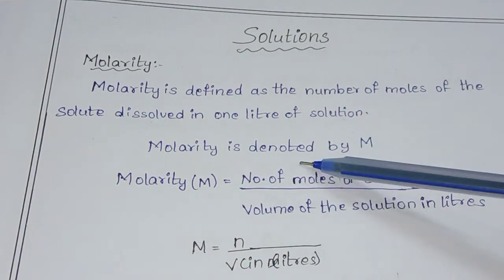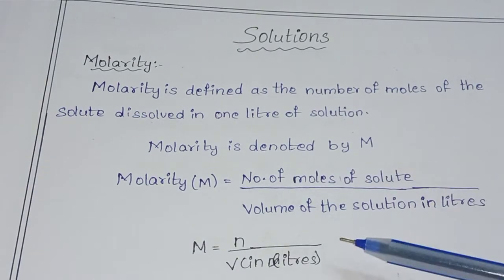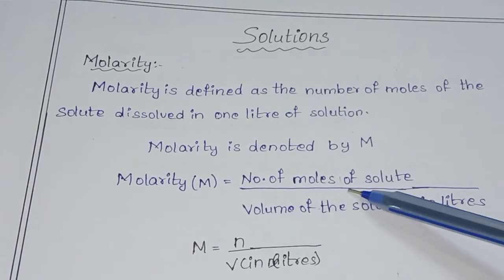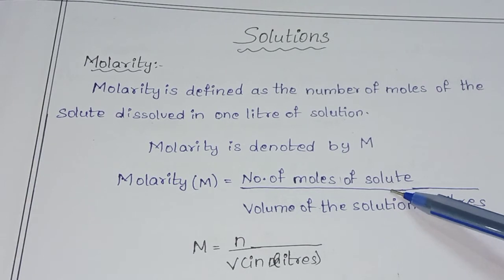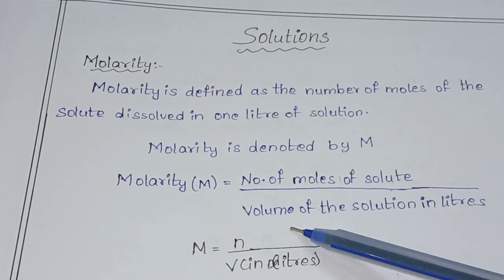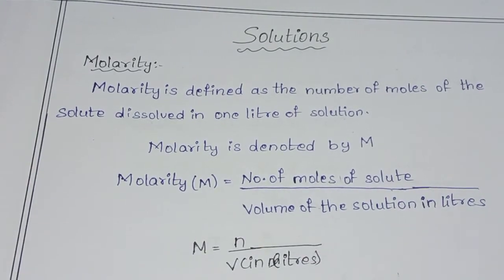When we go on to molarity, it is denoted by capital M and its formula is M is equal to number of moles of solute by volume of the solution in liters.